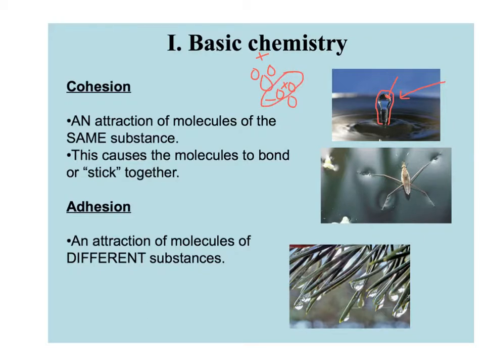That's also what allows this little insect right here to walk on water. Because the water underneath his little feet, they're stuck together. Those water molecules are bonded together through weak hydrogen bonds. Now obviously, the bonds are not strong enough to allow things like us to walk on water because we're far too heavy, but they do stick together enough to allow this little insect to walk on water.